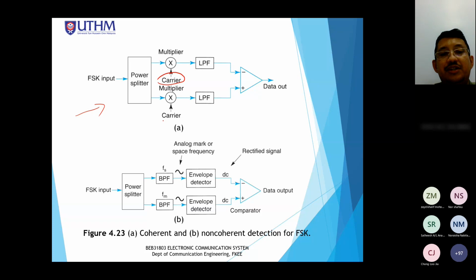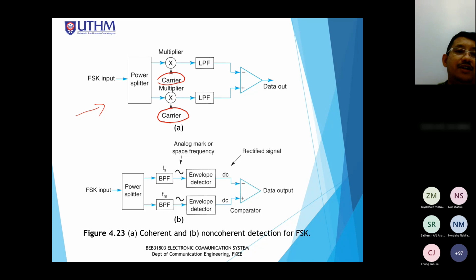So for coherent detection, we need to use the same carrier information that we transmit at the transmitter. Okay, we are using the same carrier from the transmitter, the same carrier frequency. Okay, so whenever there is a carrier information used in the system, it is a coherent.